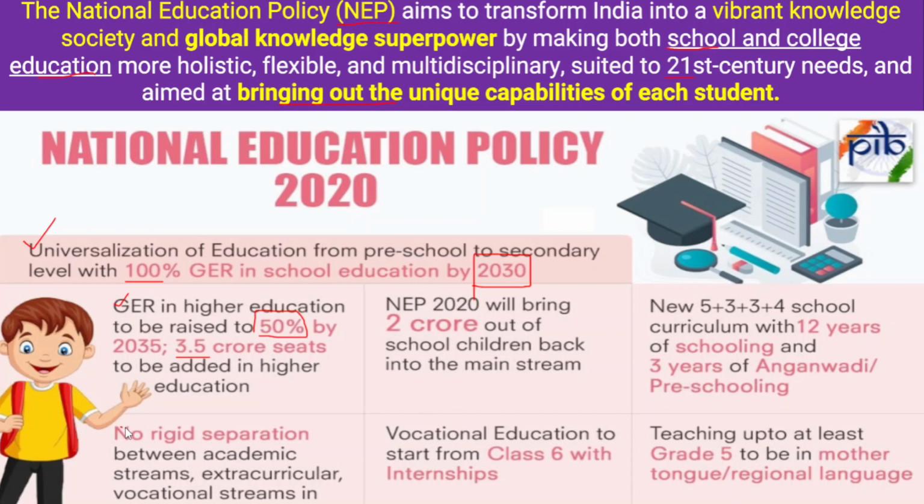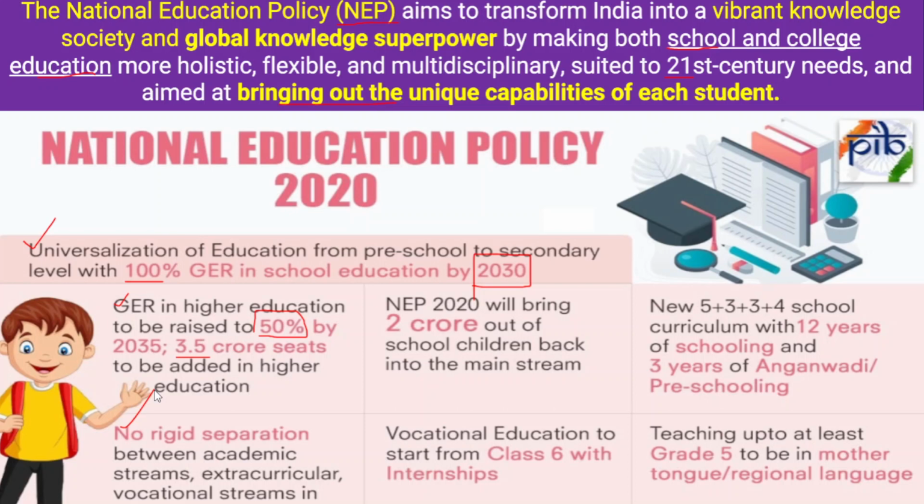Secondly, the major provision is that there will be no rigid separation between academic streams and extracurricular activities. If you look at the current education system, there is a strict separation of education, extracurricular activities, vocational skills and sports as well. We have been focusing more on rote learning, and we are not emphasizing the physical fitness, physical well-being, sports and extracurricular activities of children.